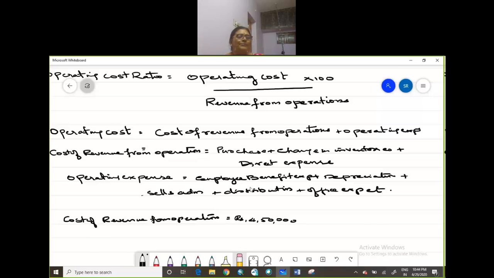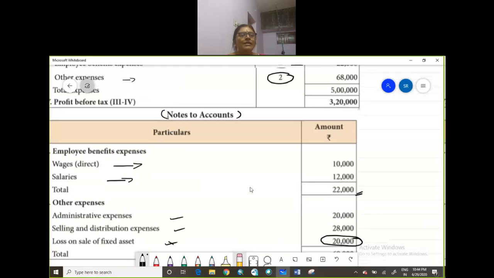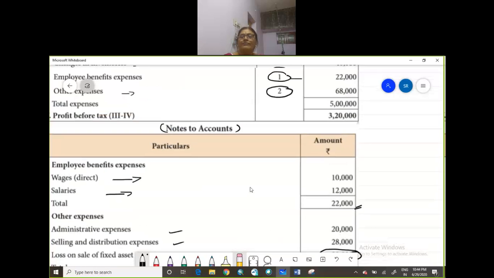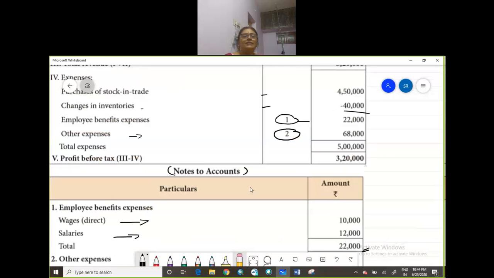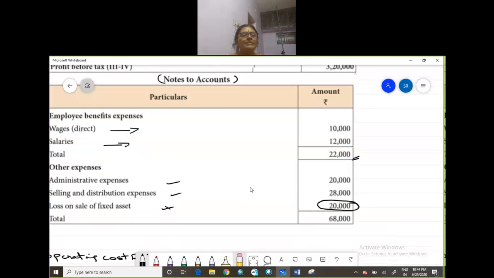Plus change in inventories. What is the change in inventories? Let us refer to the problem here. Change in inventories is minus 40,000. And then direct expense, right? Direct expenses, your wage is 10,000.